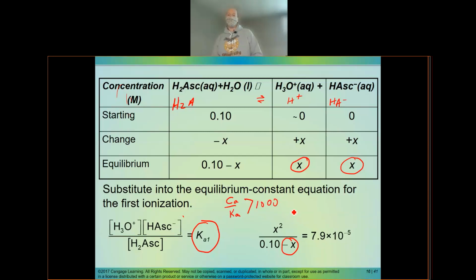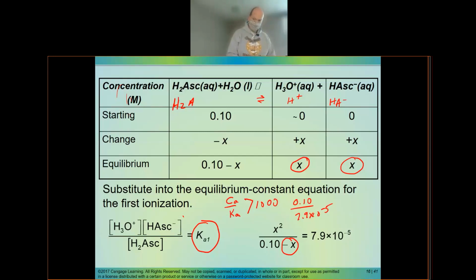It has to be greater than 1,000. All right, and so the concentration of your acid that you started with, initial concentration, 0.1. The Ka is 7.9 times 10 to the minus 5. All right, and so that's going to be in the thousands. This one is going to be good.